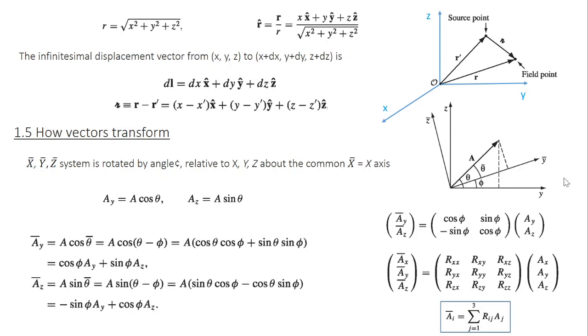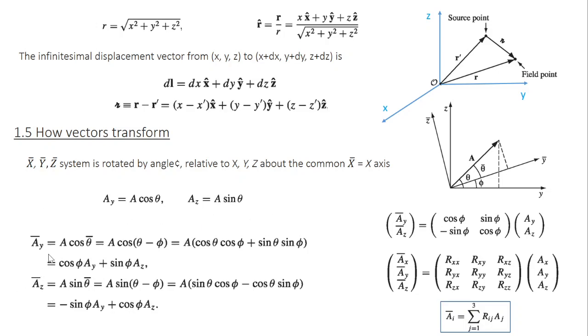So let's get the geometry right. The new coordinate system x bar, y bar, z bar are rotated with respect to the old coordinate system by an angle phi. Let theta be the angle of A with respect to y-axis and theta bar be the angle of A with respect to the new coordinate system y. So you can write Ay as A cos theta and Az as A sin theta.